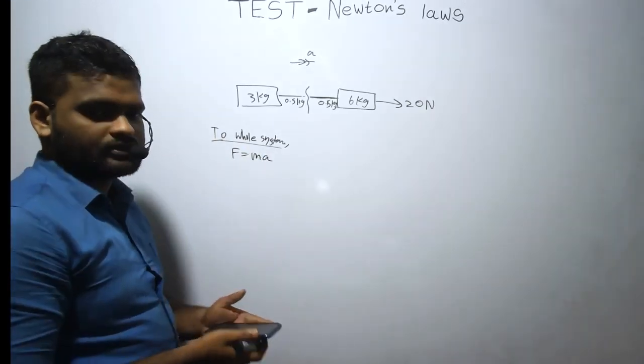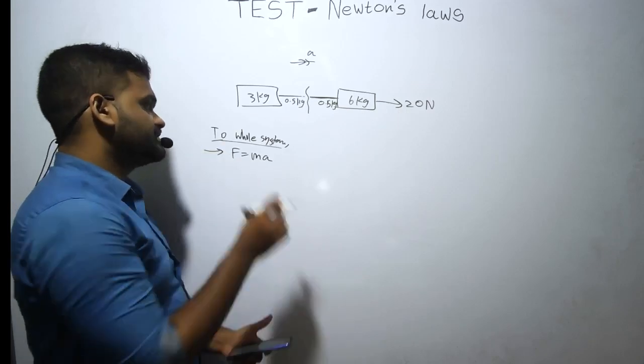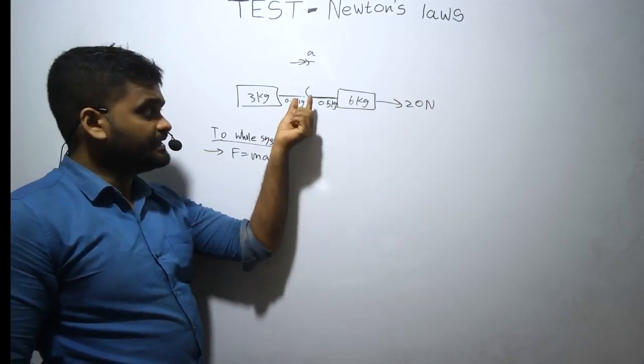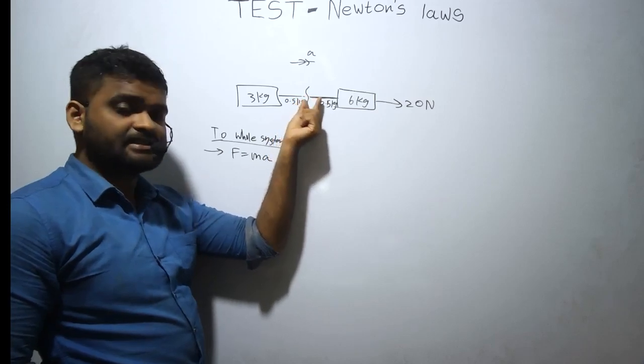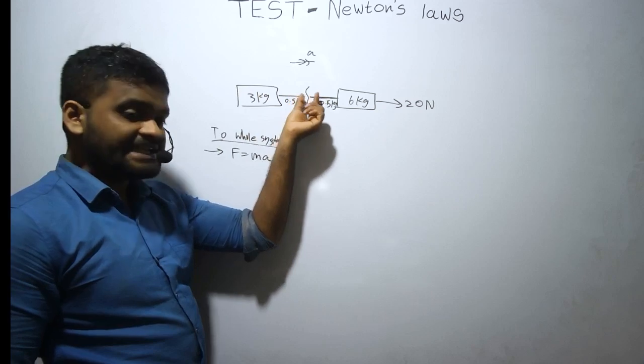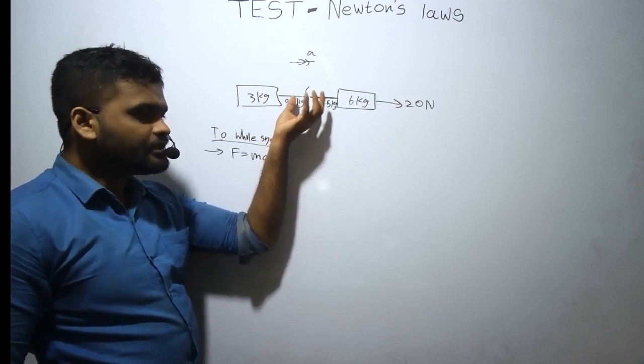If you think about the whole system, the only force acting horizontally on the system is 20 Newton. There's tension here, but these tensions become internal forces, because when you define the whole system, T here, T there, are internal forces. So you don't have to include them.